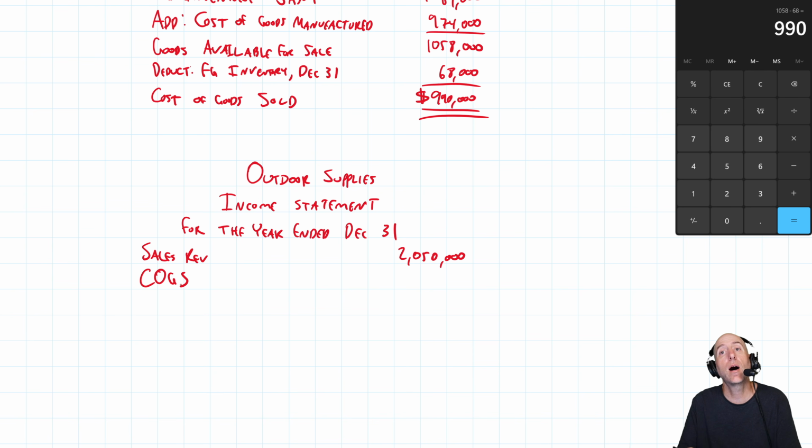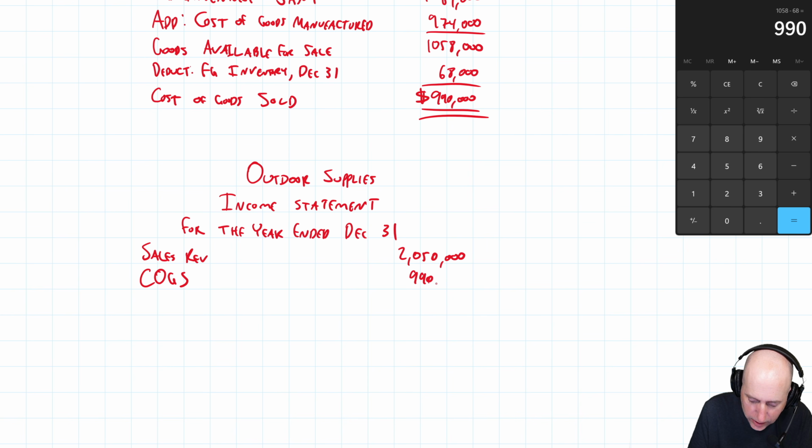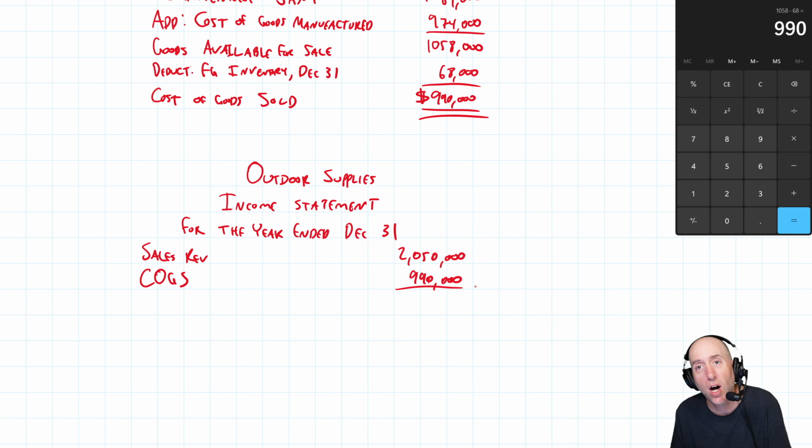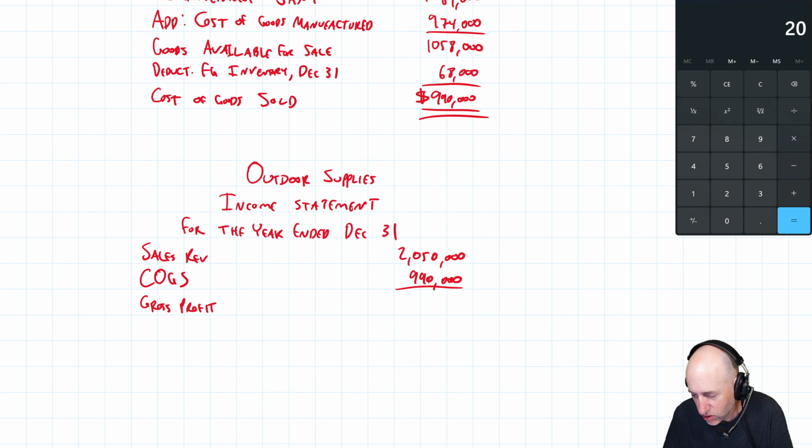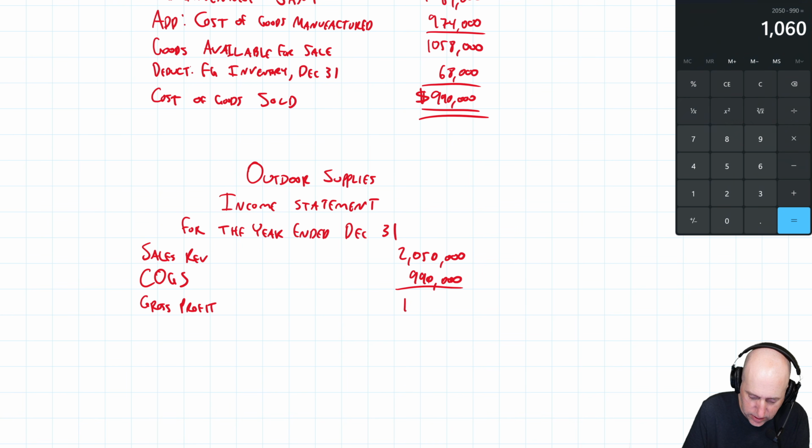It comes from the schedule of cost of goods sold, and here it was $990,000. Sales minus COGS is gross profit, also called gross margin, but we're going to call it gross profit here today. 2050 minus 990 is 1060, so our gross profit is 1060.